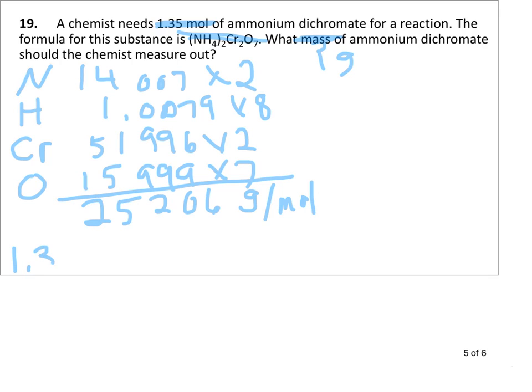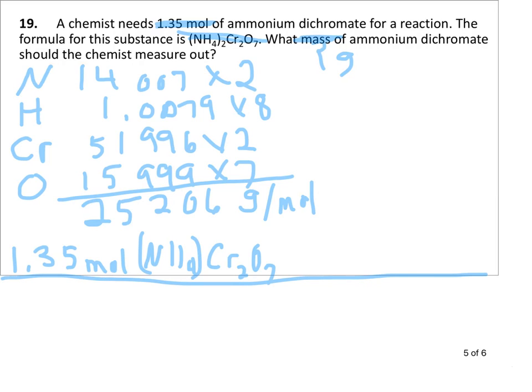And we do our conversion. 1.35 moles of the ammonium dichromate. And in 1 mole we have 252.06 grams. I'm not going to write the symbols out this time because I don't have enough room, but the moles are going to cancel the moles.